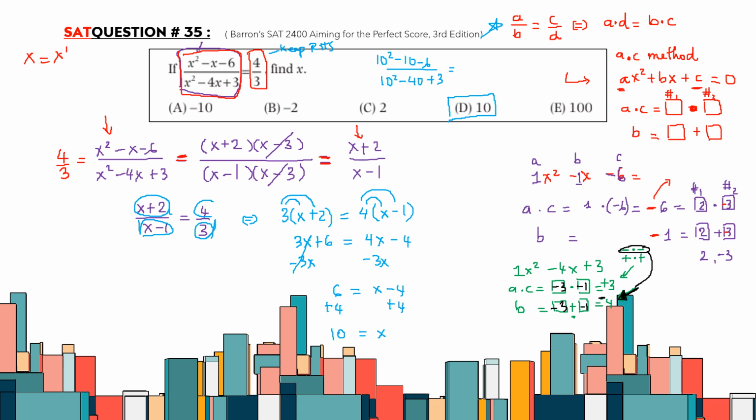We see if the top can simplify to 4 and the bottom to 3. So 100 minus 10 is 90, minus 6 is 84. 100 minus 40 is 60, plus 3, 63.